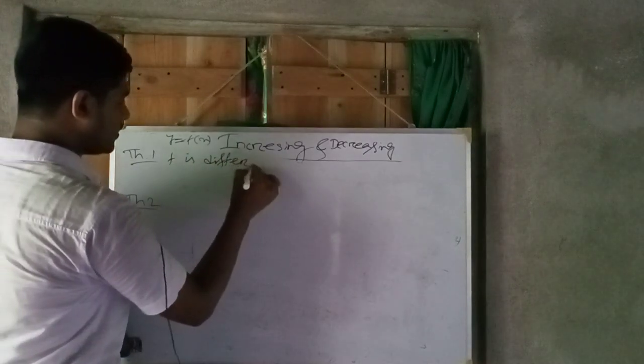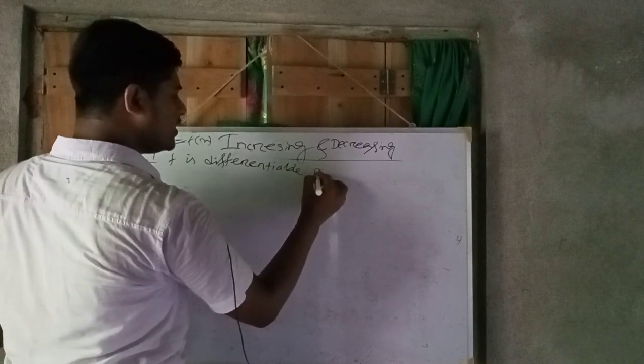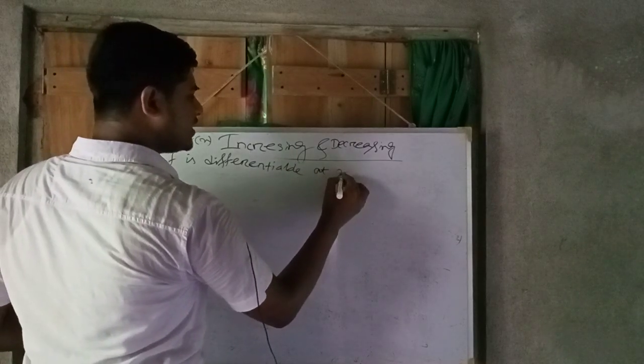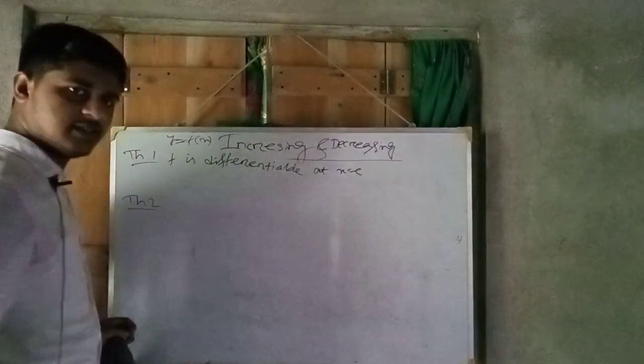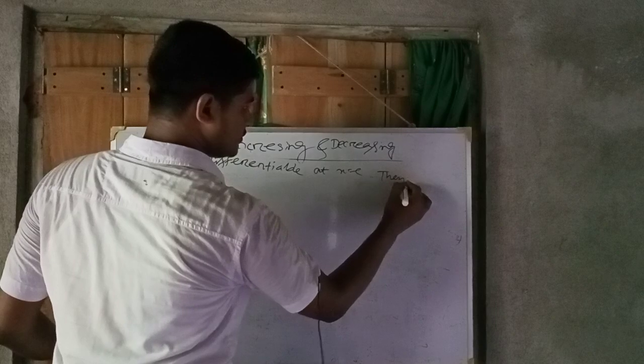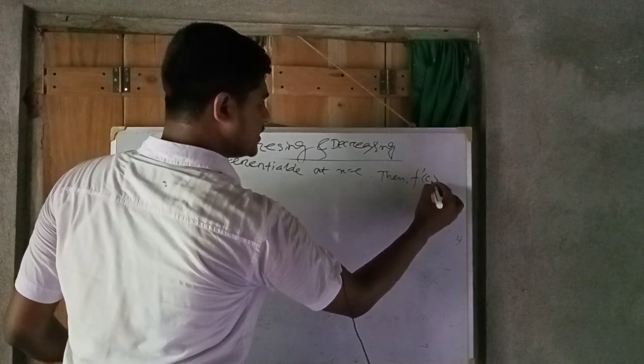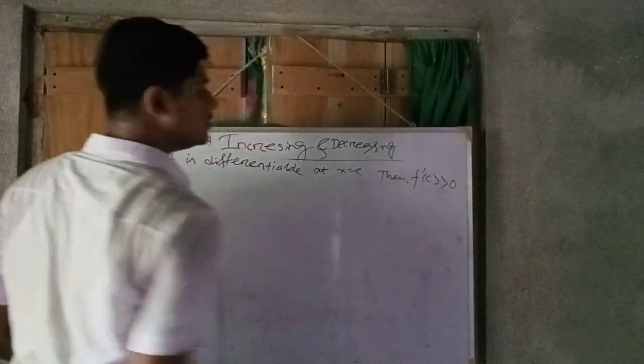Differentiable at a point x equals c, where c is a real number, then f dash c is greater than 0.